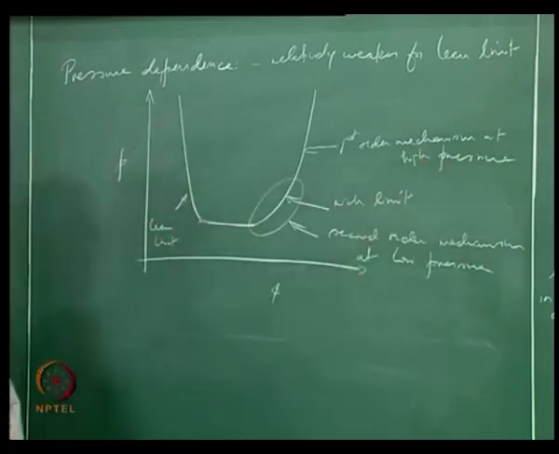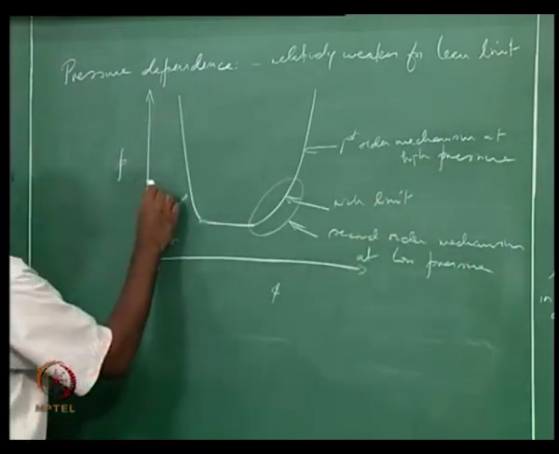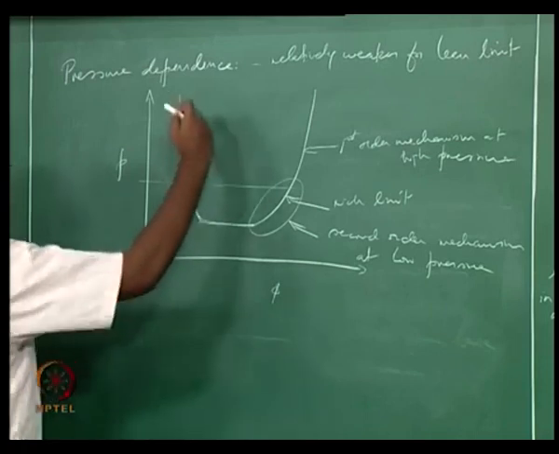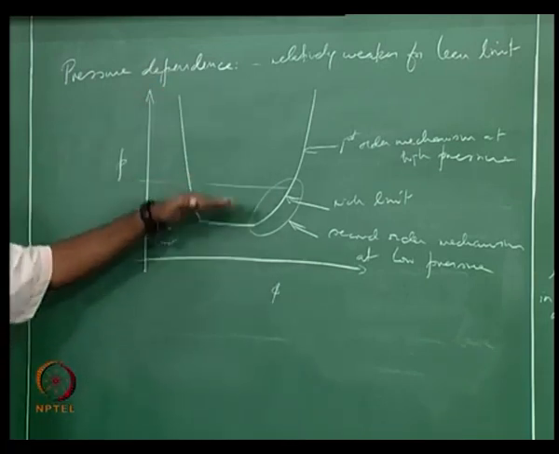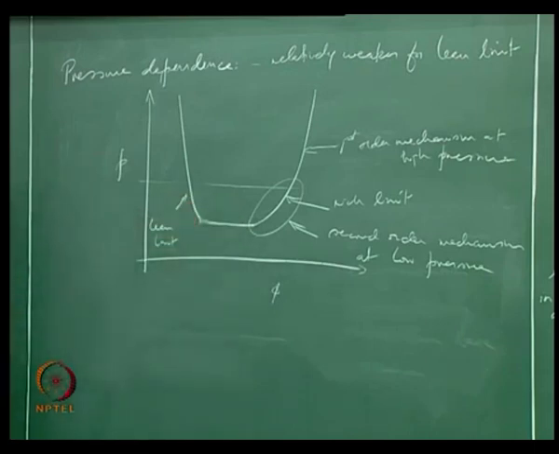High pressure or low pressure could be substantially on either side of atmospheric, right. So we are now looking at tens of bars over here. This is subatmospheric pressure over here, okay.